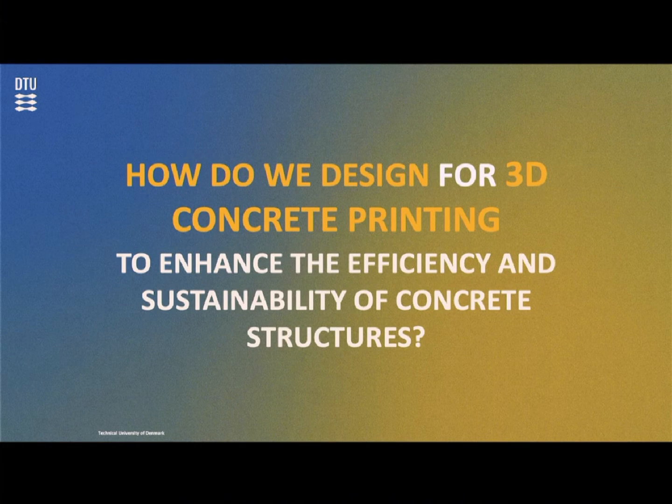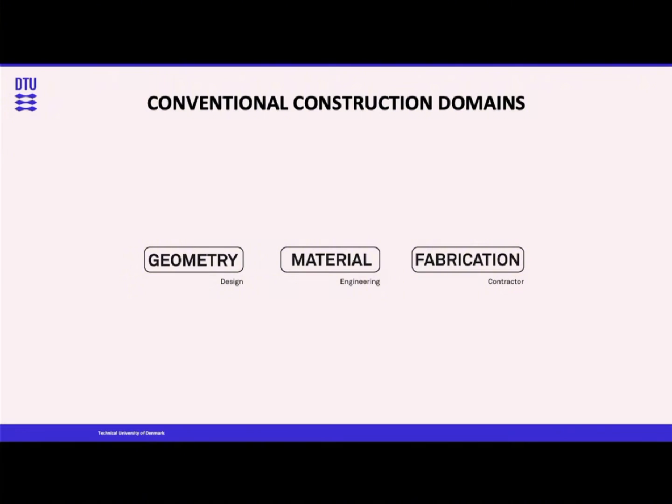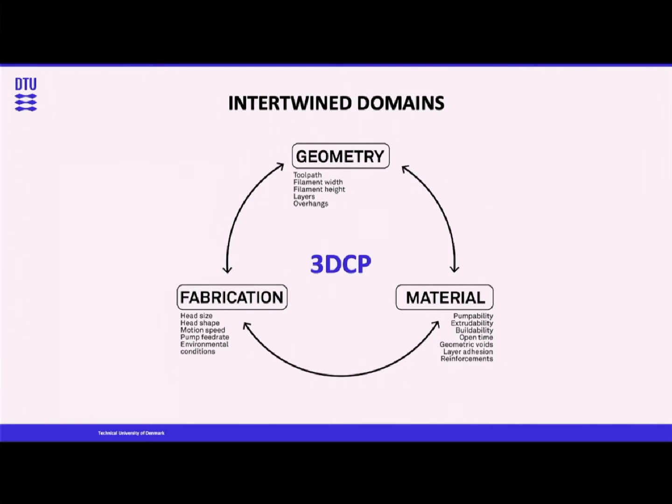So the big question is, how do we design for 3D concrete printing to enhance the efficiency and sustainability of concrete structures? And the first challenge is that conventional construction processes are divided in separate boxes in geometry, material and engineering, and in the manufacturing part. However, we need to start thinking in a more intertwined way.